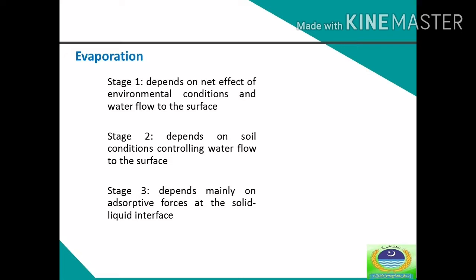Number two, by reducing the potential gradient driving water upward through the soil profile, for example, by warming the surface layer so as to set up a downward-acting thermal gradient which restricts upward movement of water. And number three, by decreasing the conductivity of the profile, particularly of the surface zone, for example, by tilling the soil.